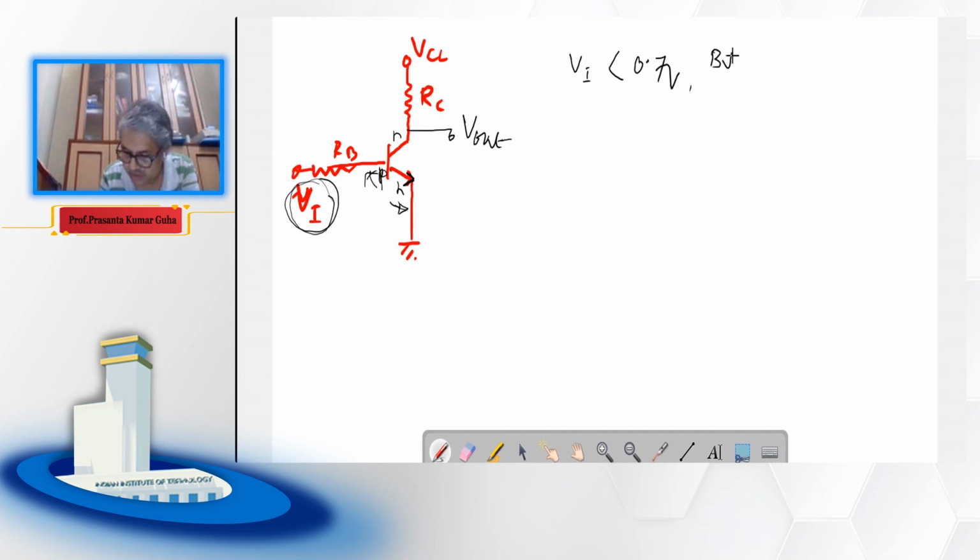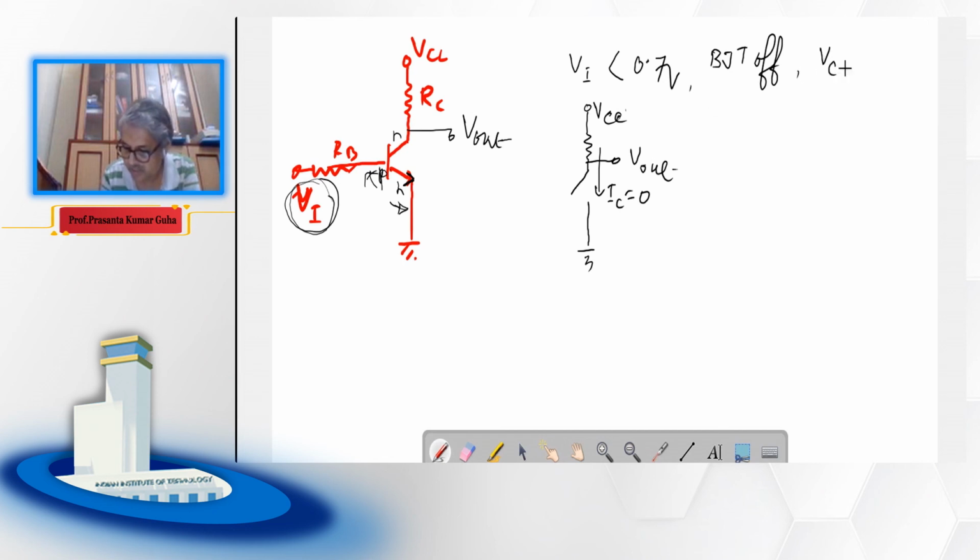BJT off. Now if the BJT is off, we can redraw this circuit in this fashion. There is hardly any current, there is no current, and so this entire voltage VCC will be at V out.